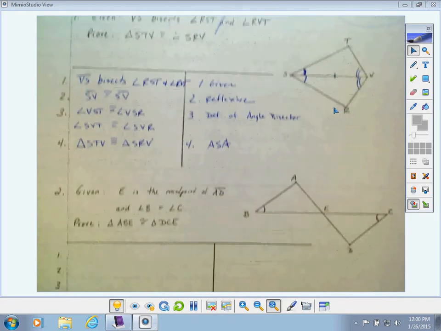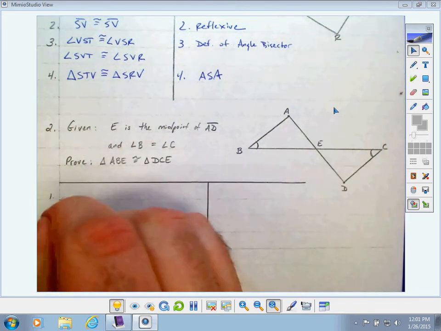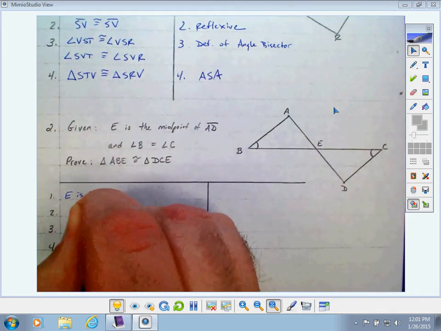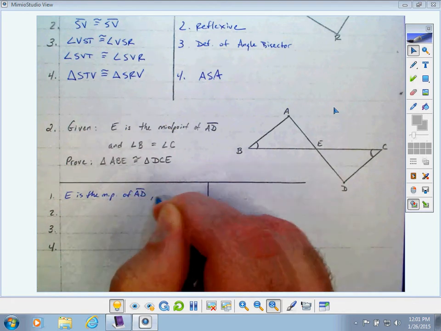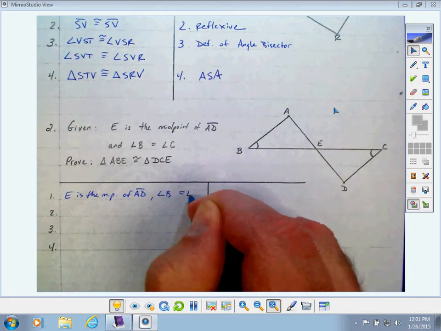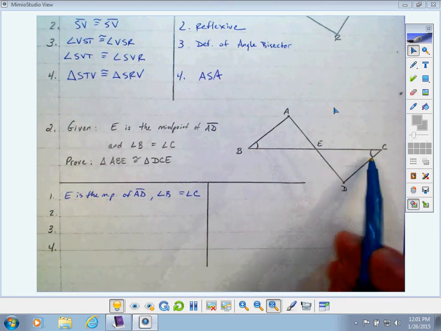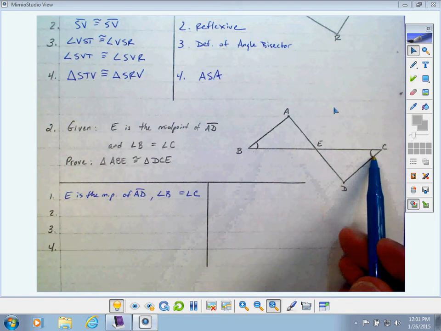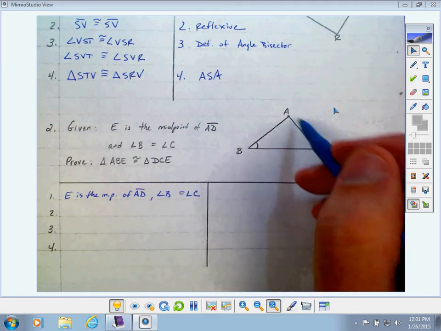Alright, let's move to number 2. So again, after I recopy the given, I can see that I was told that angle B and angle C are congruent, so they're already marked in. I look at this picture and I see an X right here.